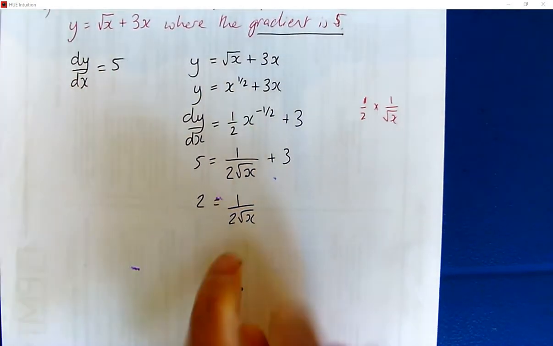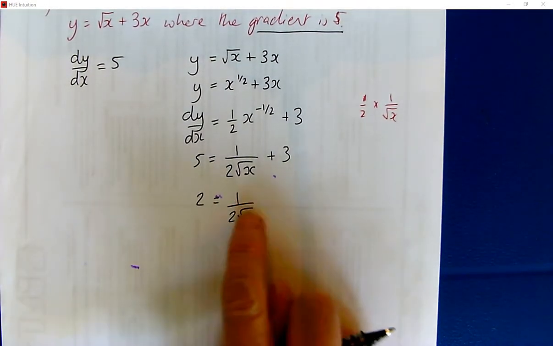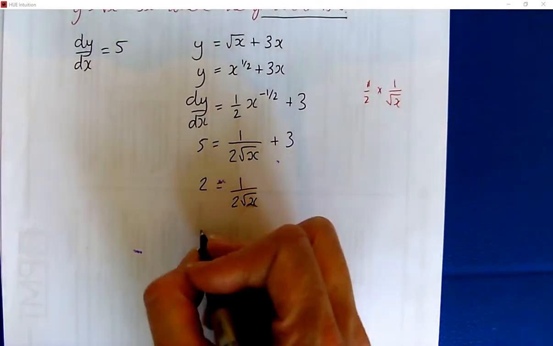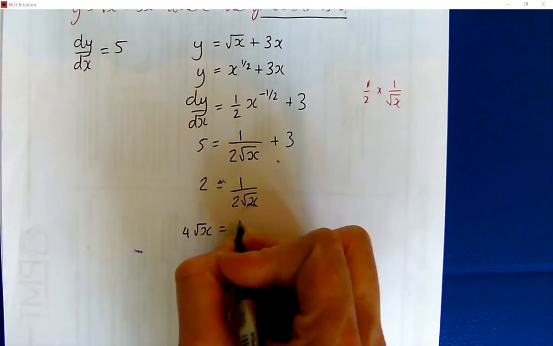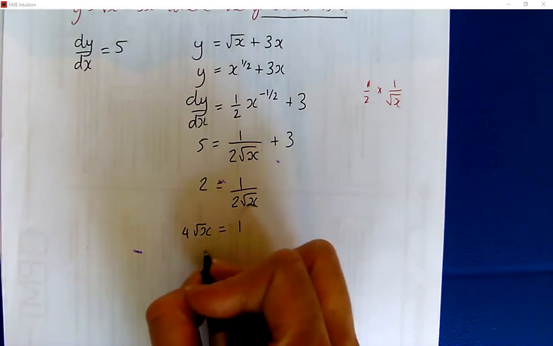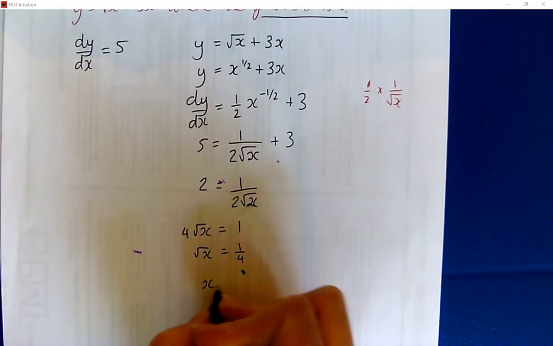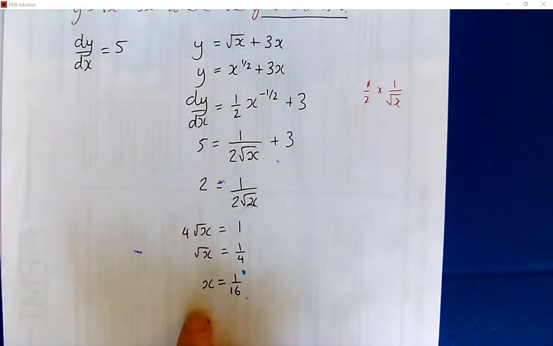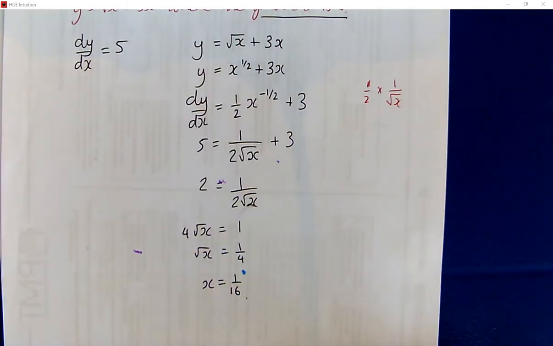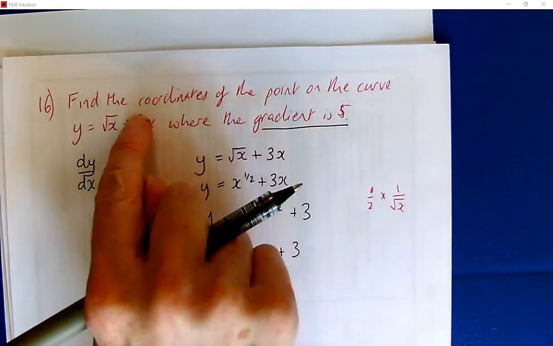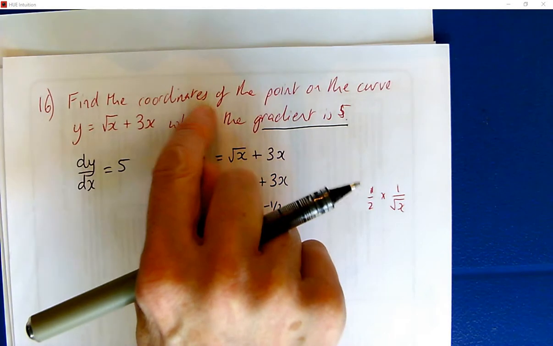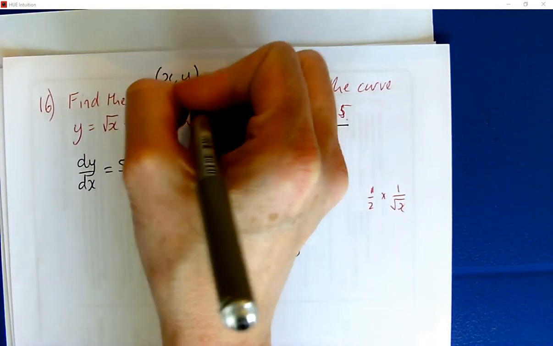Now, we don't like having things in the denominator, so we multiply both sides by 2 root x. Divide both sides by 4. Square both sides. Brilliant, so now we know what x is, but we were asked for the coordinates. That doesn't just mean x, that means x and y.